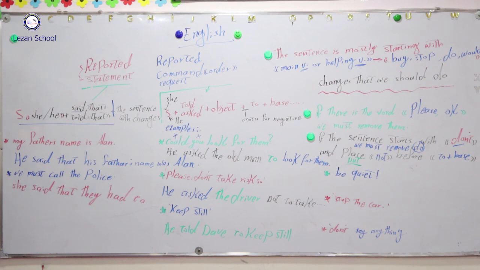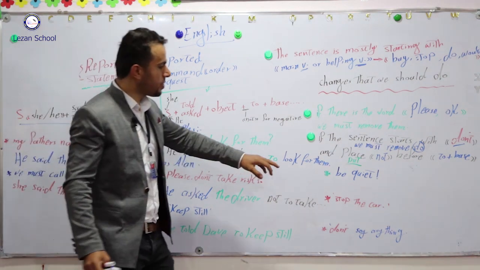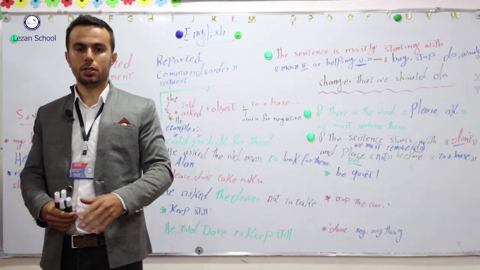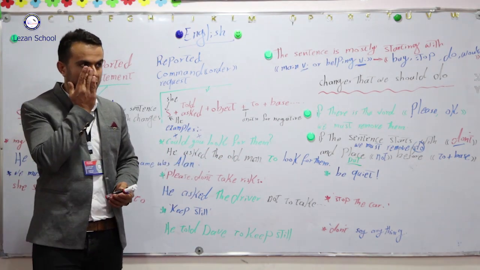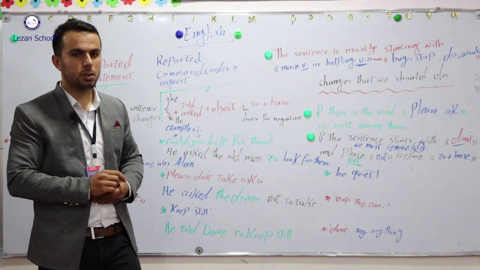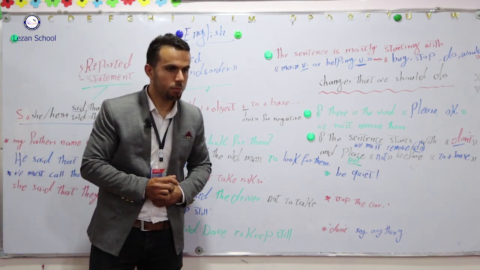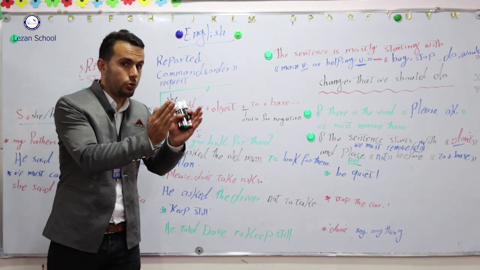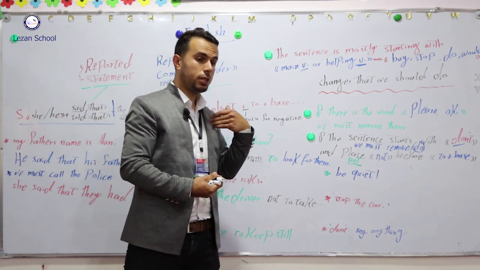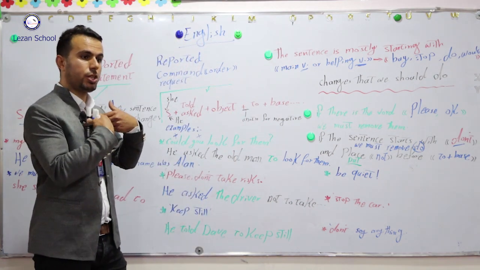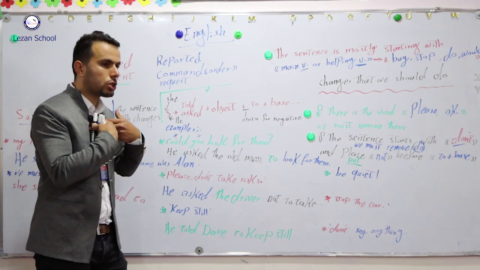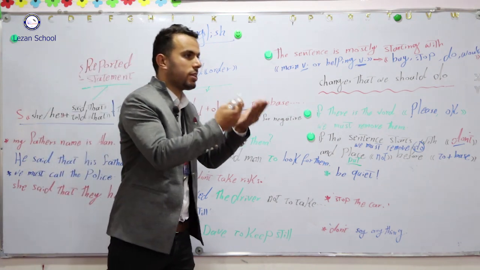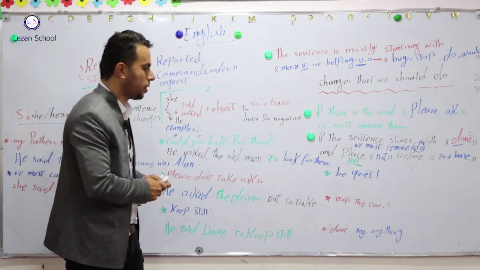And then we have another sentence. It's be quiet. For example, we are in the class. I will tell, for example, Sham, be quiet. And Sham is going home and tells his father, Father, he told me.